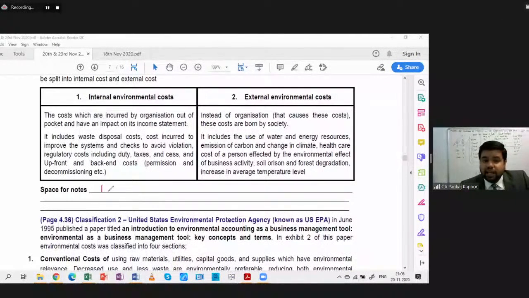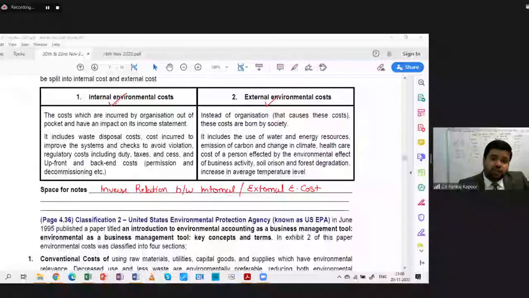There is an inverse relation between internal and external environment cost. If the organization tries to prevent the pollution, obviously less pollution will happen, the external cost will be less. So there is an inverse relation.